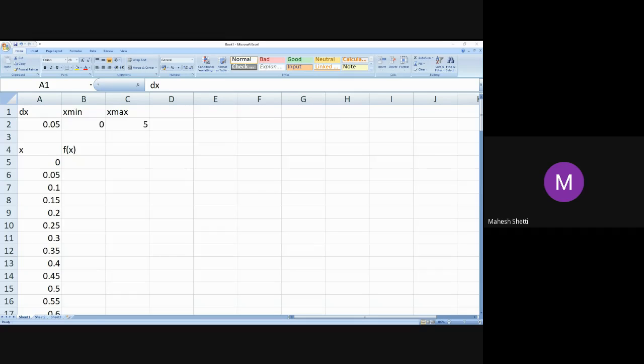Especially when I want to paste the similar kind of formula onto further columns. Say for example, I want to take dx for this, and then dy for the next column, and dz for the third column, and I'm writing all those values in A2, B2, C2, and so on.